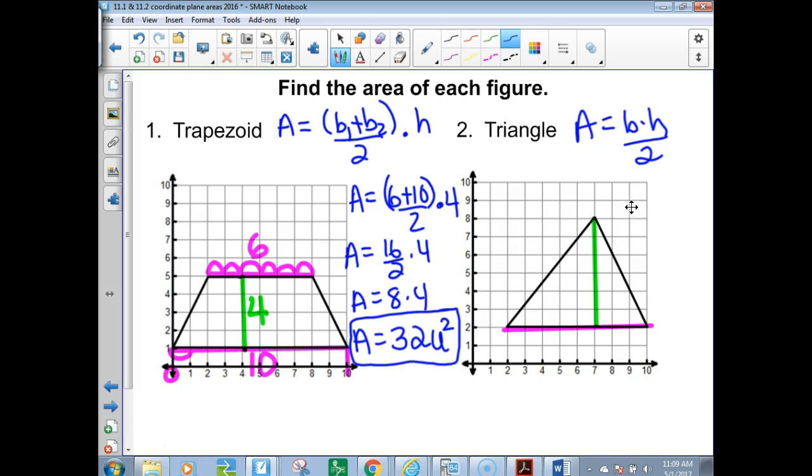Hopefully you're starting to memorize some of these. The base is how long? 2 to 10, 8. And the height, 1, 2, 3, 4, 5, 6. So 8 times 6 divided by 2. That's 48 divided by 2, which is 24. So the area is 24 square units.